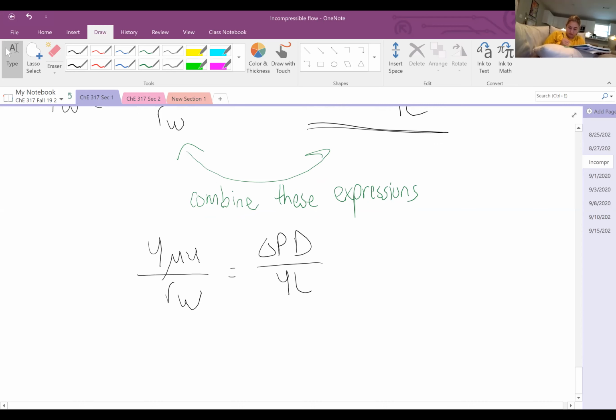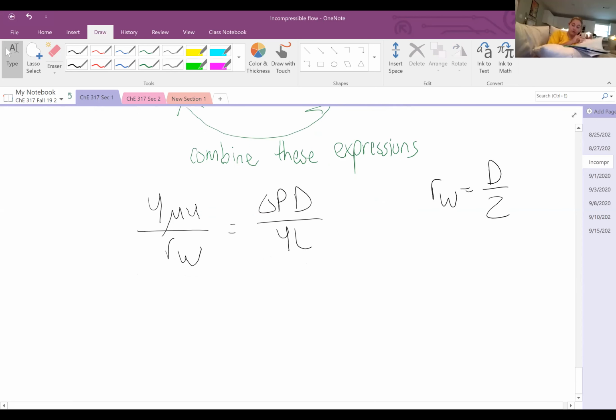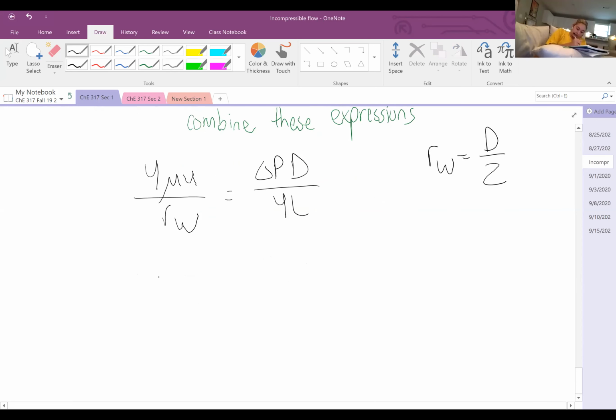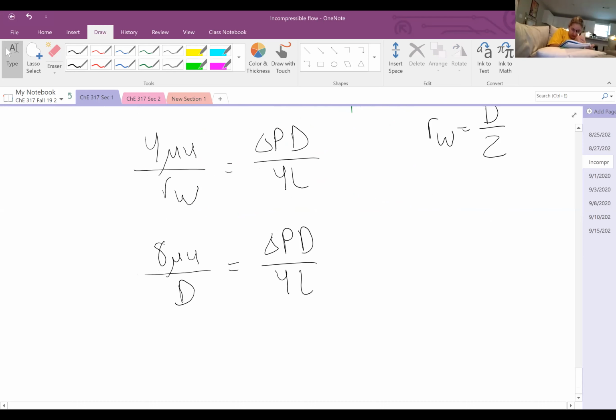Now, knowing that rw is equal to the diameter over 2, because math, I can plug that in, and I end up with 8 mu u over diameter. I'm getting rid of u bar, because in this class everything's just velocity. So now I have 8 times the viscosity times our velocity divided by diameter equals the pressure drop times diameter over 4L.